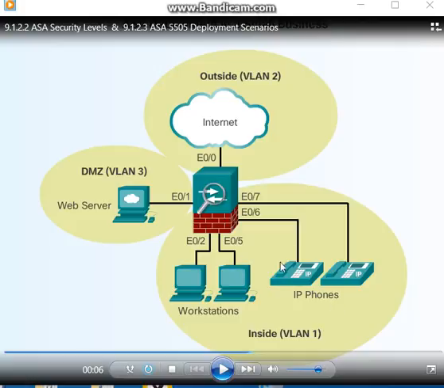And the DMZ, which is on VLAN 3, connects to the company web server. The outside interface, which is VLAN 2, is used to connect to the internet.